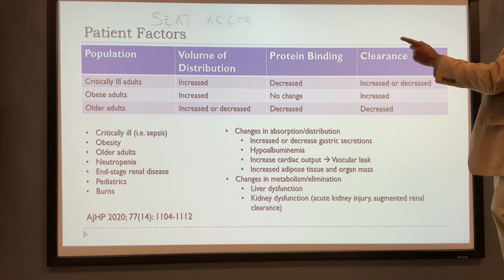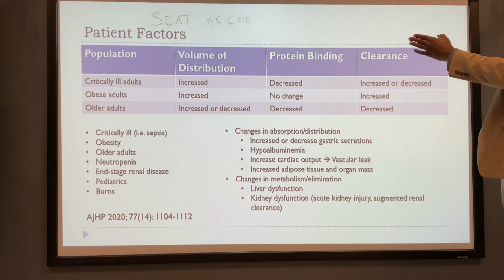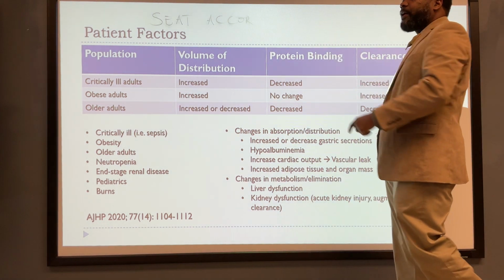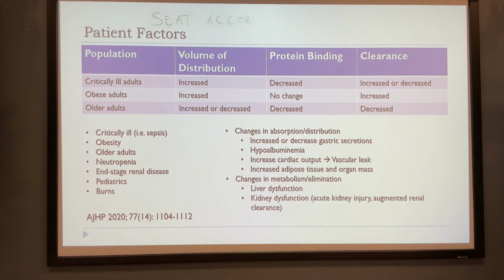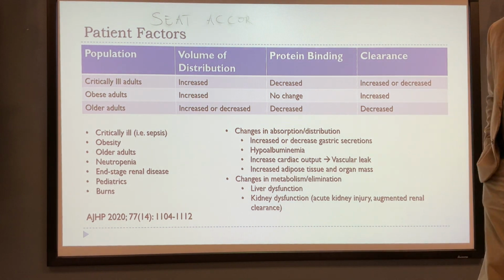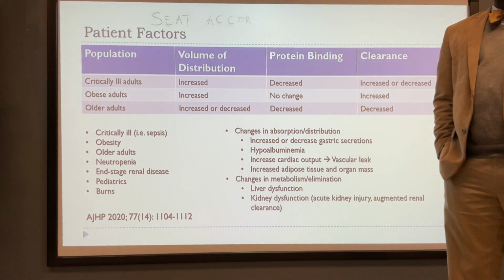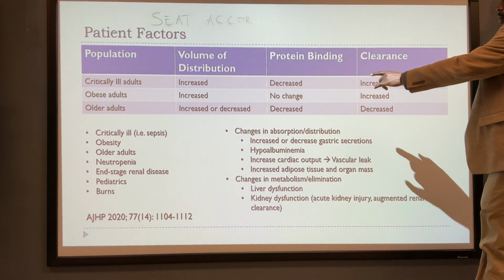So I gave you three different examples of some common patient groups where you may see PK changes. In critically ill patients, they may have an increased volume of distribution. So when you say aminoglycosides are 25 to 30%, in a normal, quote unquote, patient, we see that volume of distribution will be increased in critically ill patients, so it's probably not 25 to 30%.